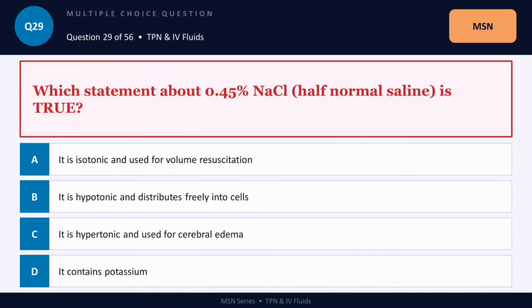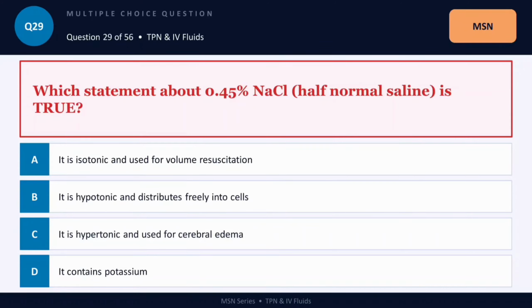Question number 29. Which statement about half normal saline is true? Option A, it is isotonic and used for volume resuscitation. Option B, it is hypotonic and distributes freely into cells. Option C, it is hypertonic and used for cerebral edema. Option D, it contains potassium.